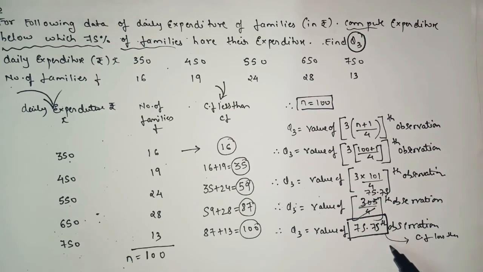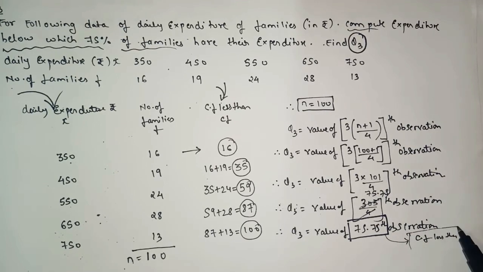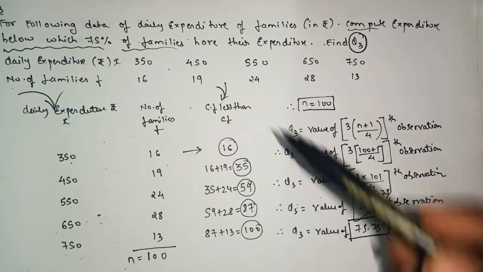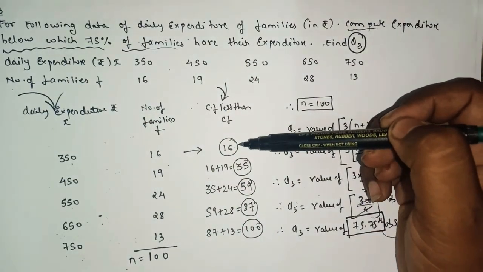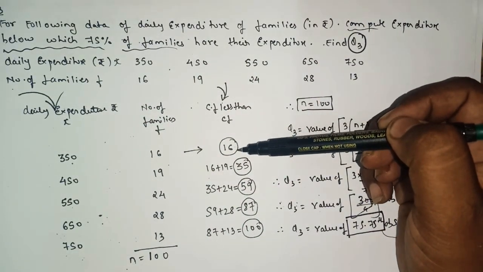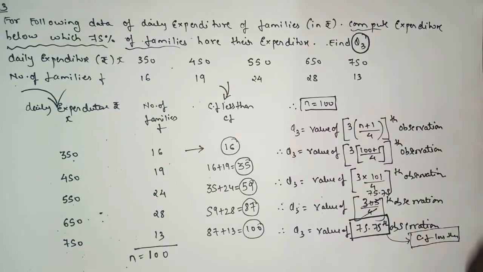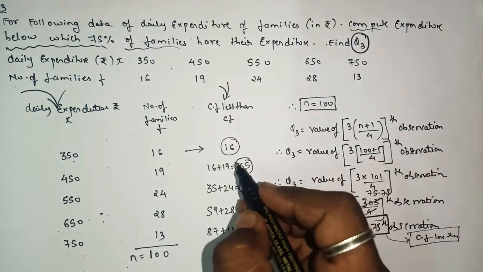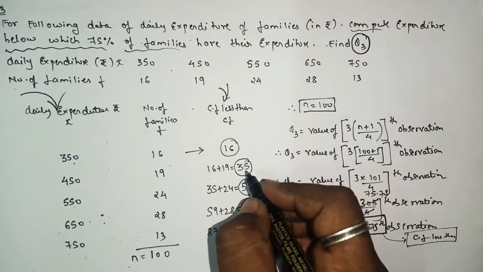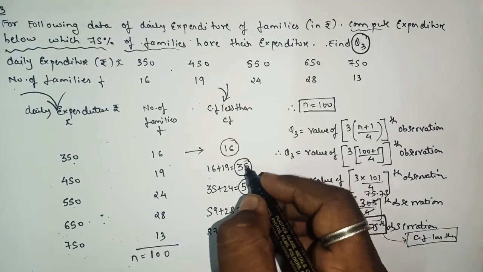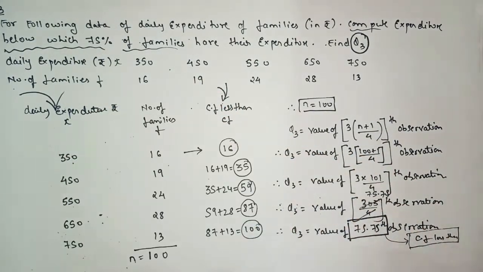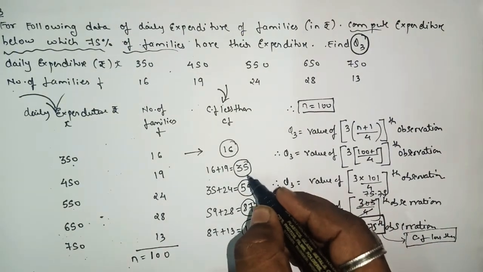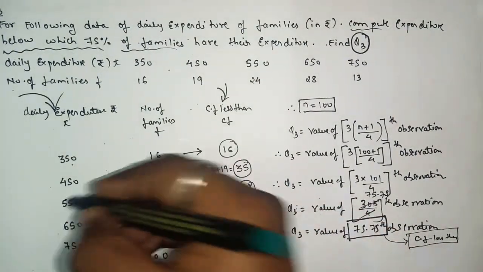So for that we have to see the cumulative frequency column. Here the first row contains only 16. So from 17 to 35, that means 17, 18, 19, 20, 21, 22 till 35, that value will lie in the second row. From 36 to 59 it will lie in the third row.